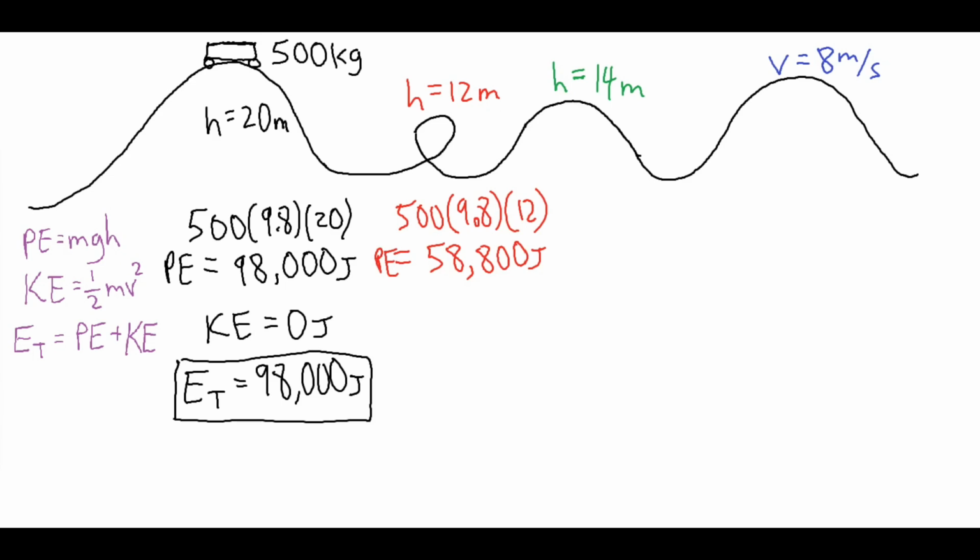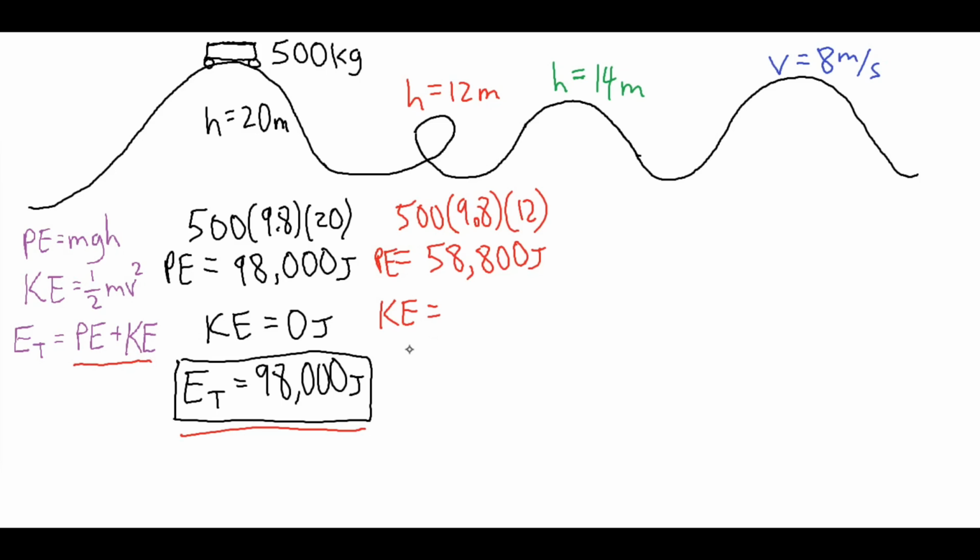Now from there, we want to solve for our kinetic energy. Here's the part where people may get confused. They see the kinetic energy formula, 1/2 mv squared, so they want to use a velocity, but they can't. All you have to do is, if you know that the potential and kinetic sum up to the total, and the total is 98,000, then we only have one unknown variable.